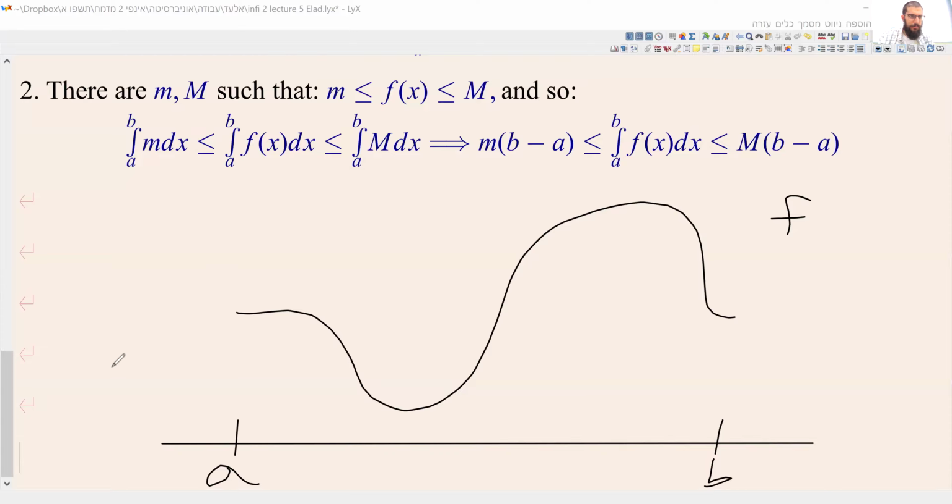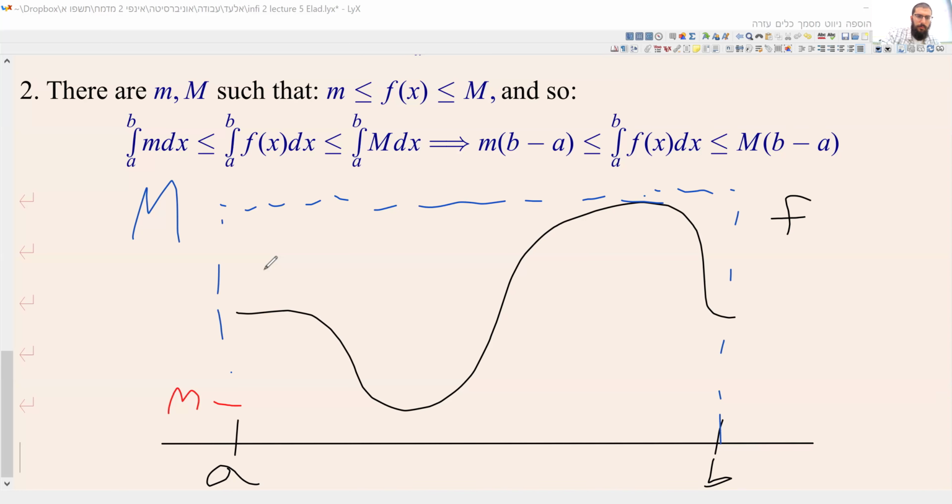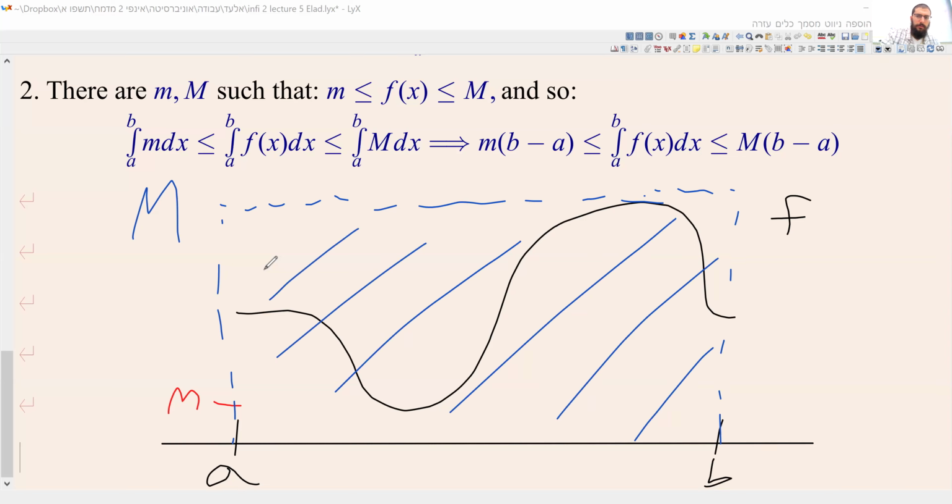And we have here the small m level, which is the minimum of the function, and the big M level of the function. Now, we have the rectangle of big M times B minus A, which is all the blue area.